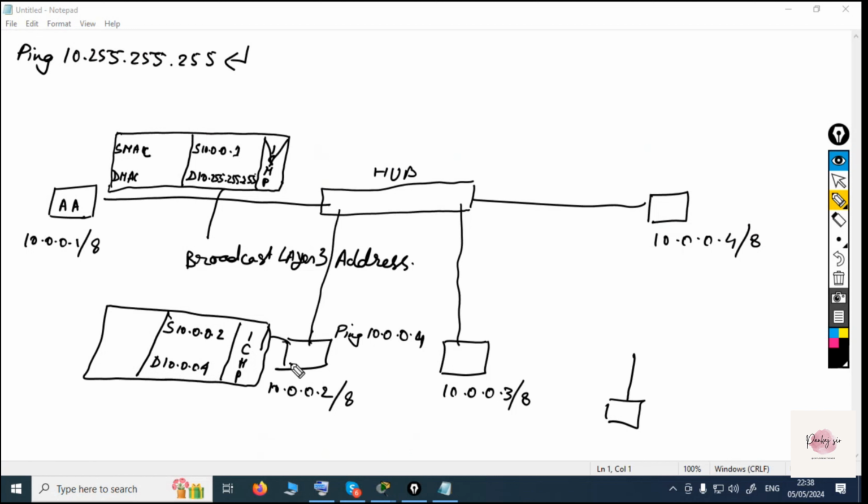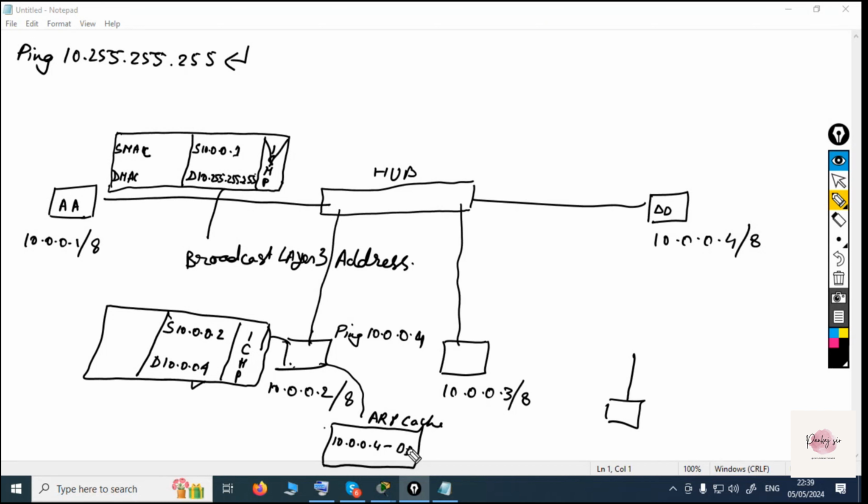Then this PC will check its ARP cache to see if it has the MAC address for 10.0.0.4 or not. Let's suppose the MAC address of this PC is DD.